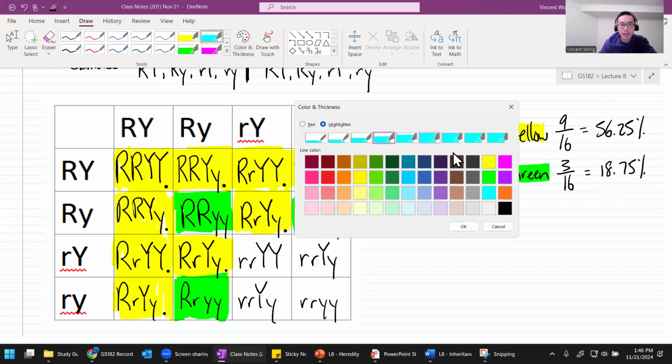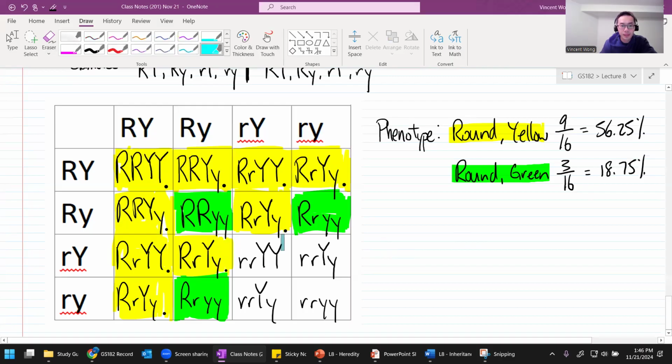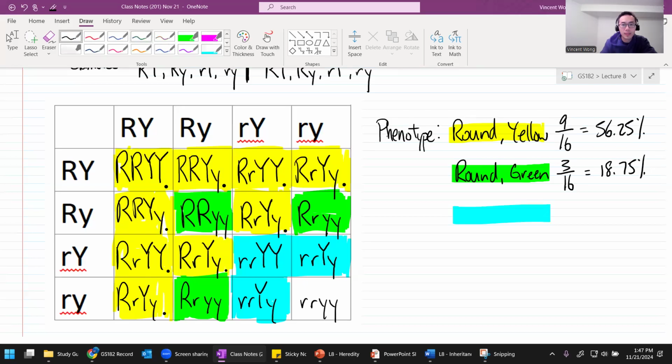All right, let's do another one. This one, it's going to be wrinkled and yellow. Right, we don't have a lot of choices left. So I'm just going to go ahead and highlight the other wrinkled and yellow. 3 of them will be wrinkled and yellow. 3 out of 16, which is also 18.75%.